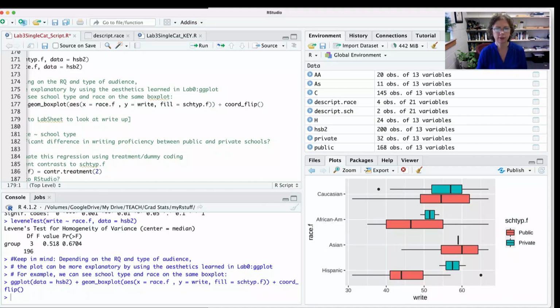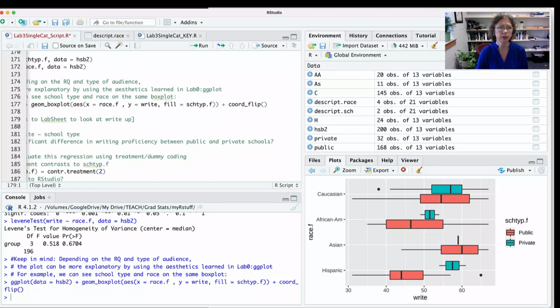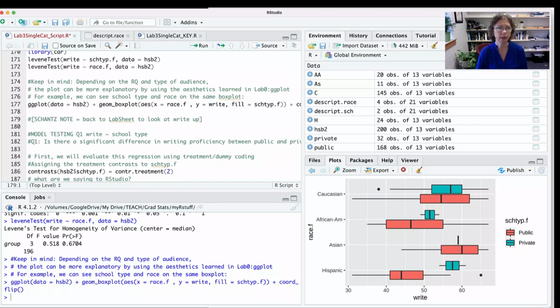So that's a different take on looking at the differences between public and private on the writing variable and looking at difference in race. The darkest line in the middle is the median. So it gives you an idea as to what might be coming up as we go into the analyses on, are there significant differences there?